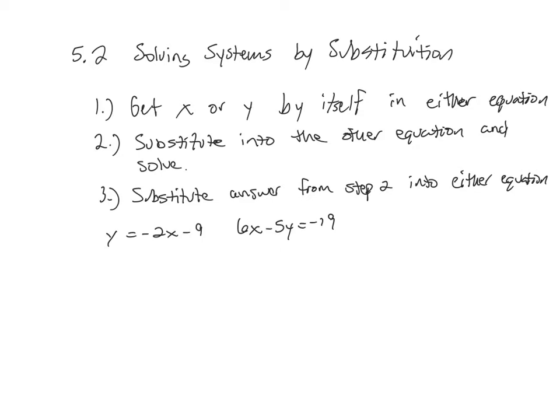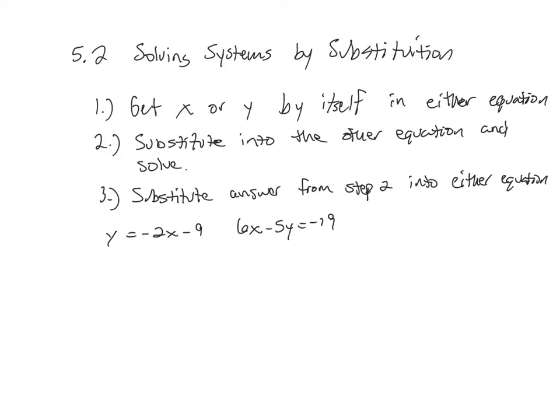Okay, substitute into the other equation. So instead of y, substitute means replace something with an equal value. So sometimes when you go out to eat, you can say, can I have onion rings instead of french fries? And a lot of times they'll go, okay, and you just substitute one for the other.